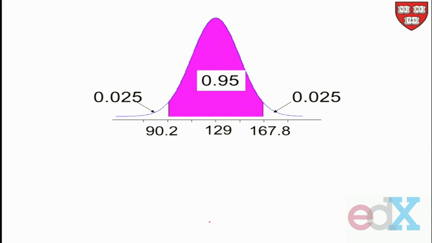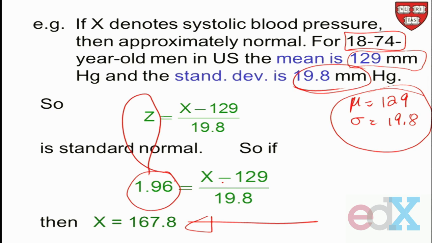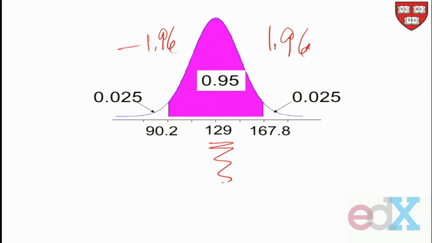Okay, so there it is. With our standard normal, remember, these were at minus 1.96 and 1.96, so between minus 1.96 and 1.96 is where we get 95% of the area. With our normal with mean 129 and standard deviation 19.8, these are the upper and lower 95% cutoffs.